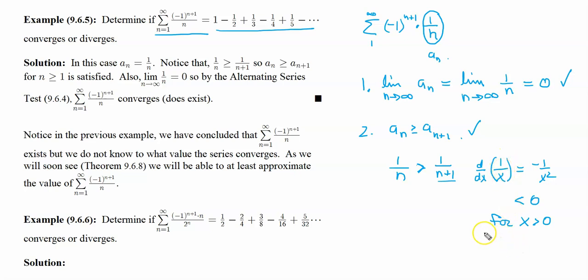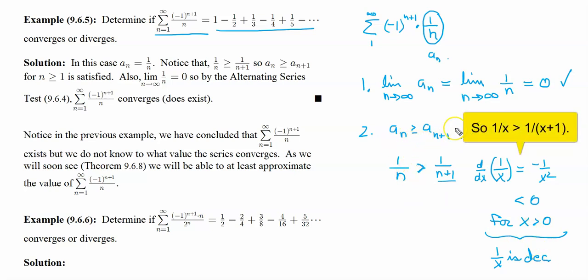Okay, so this simply tells you that 1 over x is decreasing for x greater than 0. Therefore, you will have this holding. Okay, and so therefore, we can conclude by the alternating series test that this series actually converges. So we'll just put that up here, that this series converges.